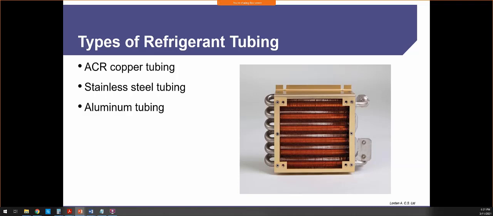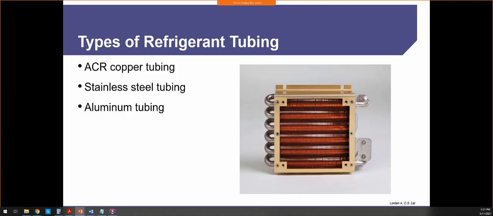So I may be able to buy a 15-foot line set, so it'll come with both the liquid line and the vapor line. I can get a 25, I can get like a 35, I can get a 50, I want to say 75, 100, depending on where I'm working. They'll come in various lengths for the application.